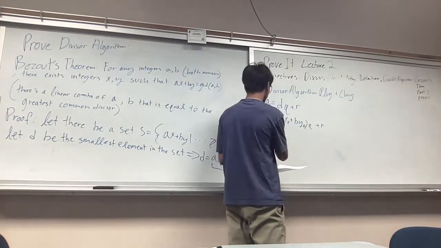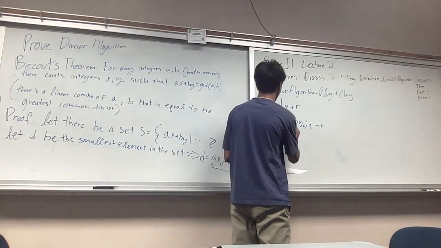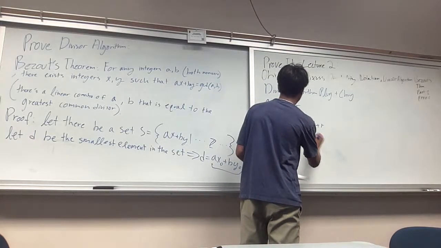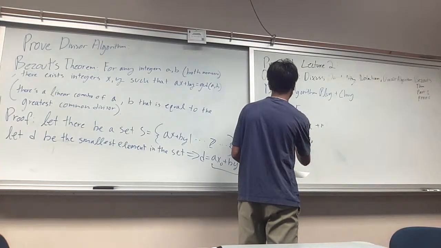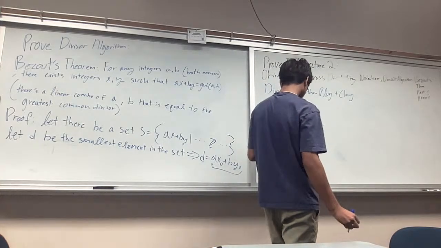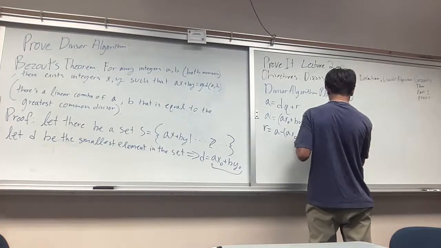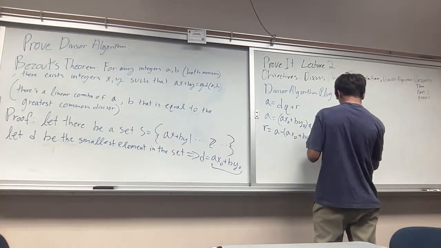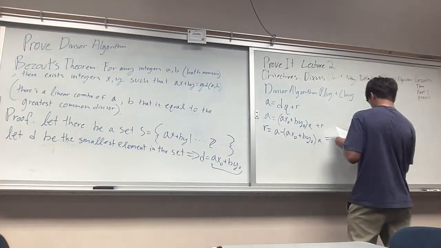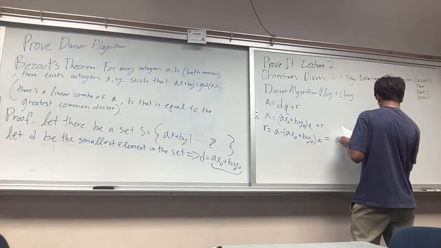Then we can write R, with some algebra, as A minus AX naught minus BY naught times Q, which is A times (1 minus QX naught) plus B times negative QY naught.